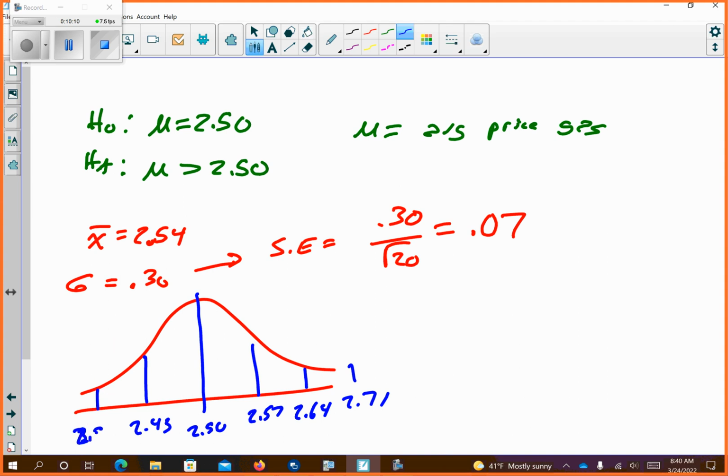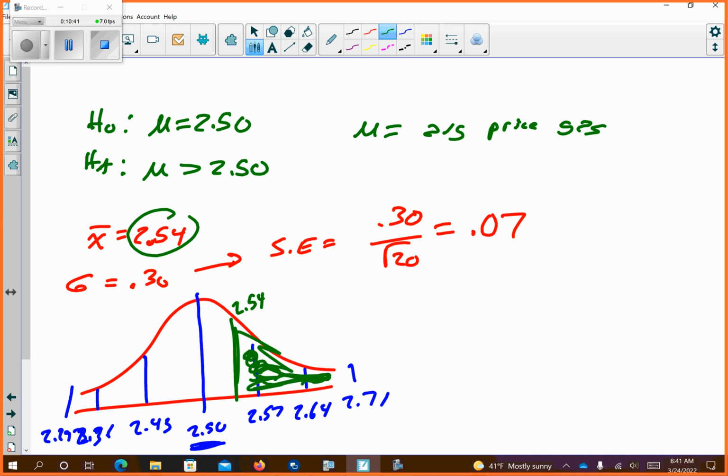And boy, it would be great if prices were still this. All right, so this is based on our hypothesis. So then we have to think about where that 254 is going to fall here. That 254 is here. And then we're talking about this area over here.